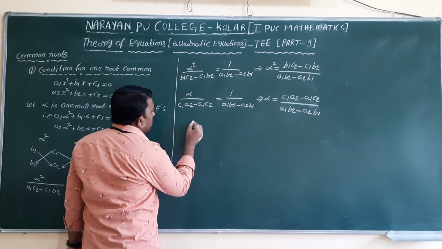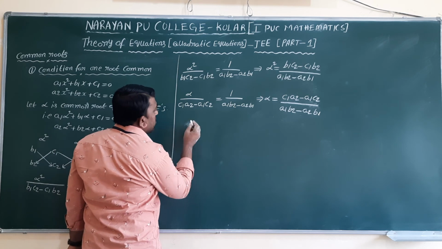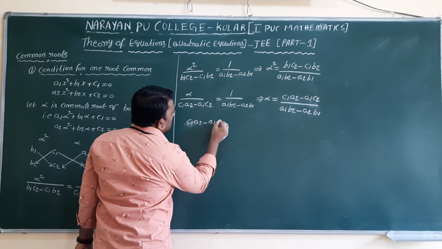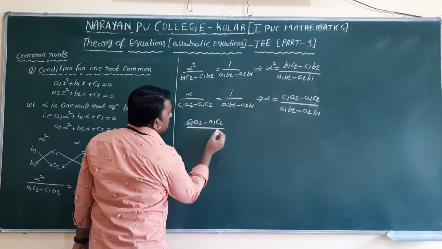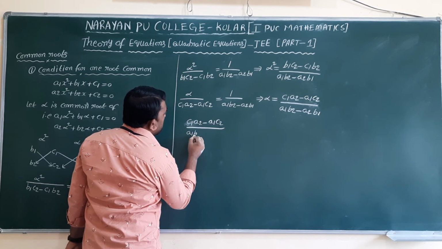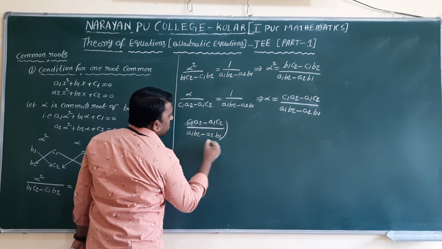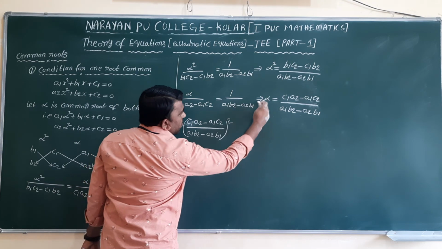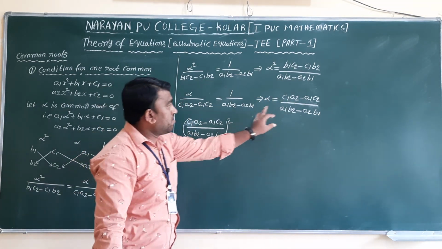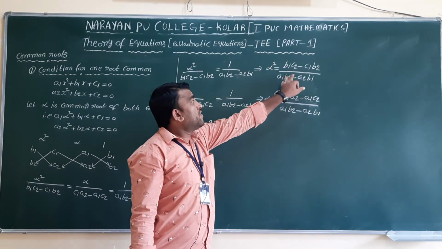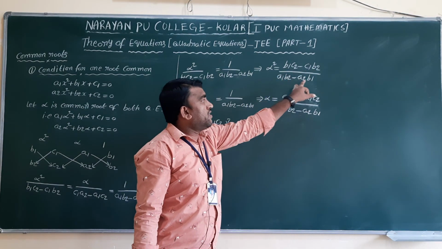Now, squaring both sides, alpha square equals c1 a2 minus a1 c2 by a1 b2 minus a2 b1, whole square. But we already know the alpha square value, b1 c2 minus c1 b2 by a1 b2 minus a2 b1.